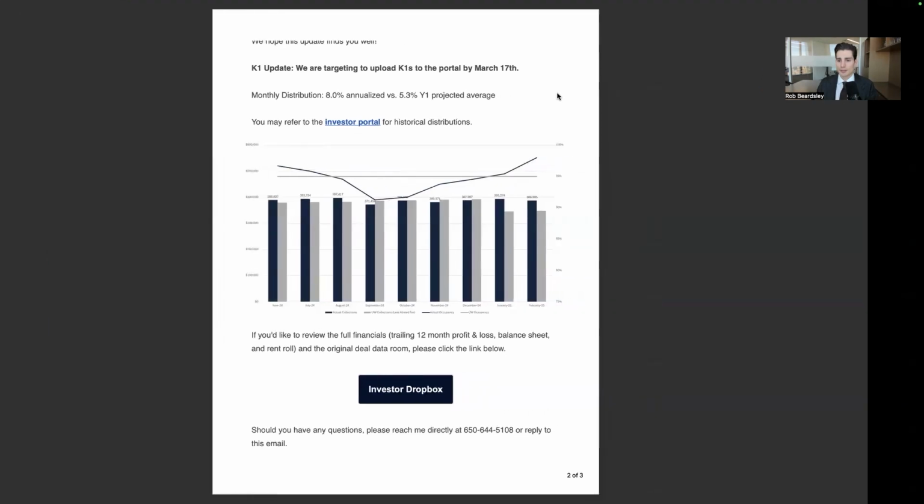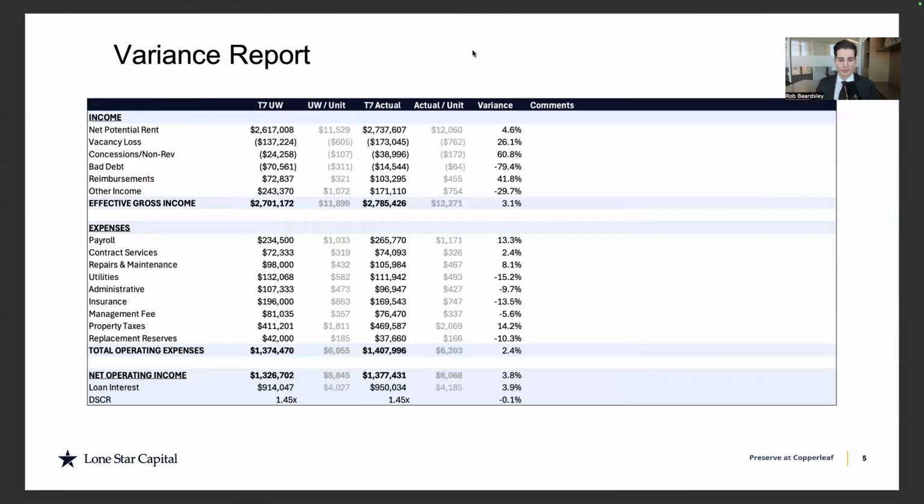So if I go over to our quarterly reports, for this same project, this is from the Q4 2024 report, so end of year, and we had owned the property for around 7 months. So this is actually not a full 12 months of data, but this is how the 12-month data shows up in our quarterly reporting. What we do is show the underwritten projections for each line item, or each category in our underwriting, for the 12-month period that is trailing the reporting period.